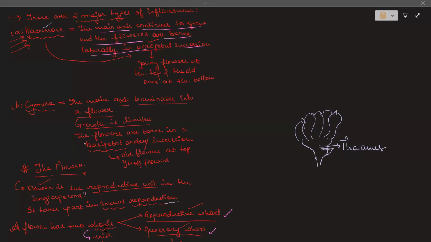Mom, what is written after all flowers at the top? After that, I've written young flowers. So young ones at the bottom, older ones at the top, young ones at the bottom.